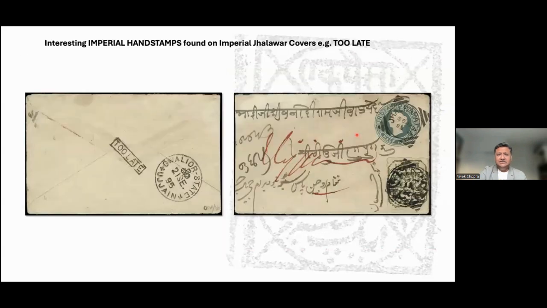So a lot of interesting stuff. Sometimes you also find this too late cancel, where mail was super delayed outside the state, and in these combination covers, this is again having the second issue as well as the imperial envelope here.